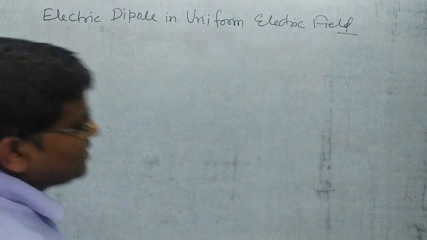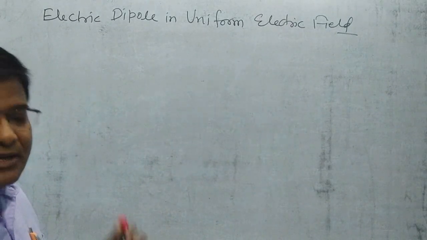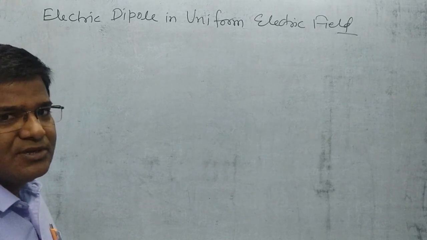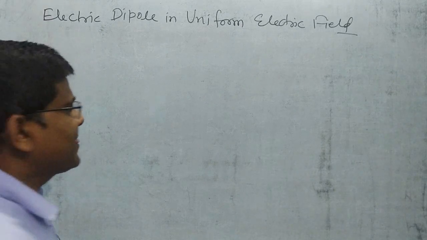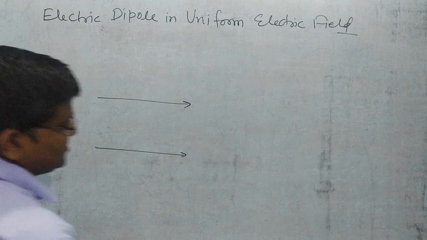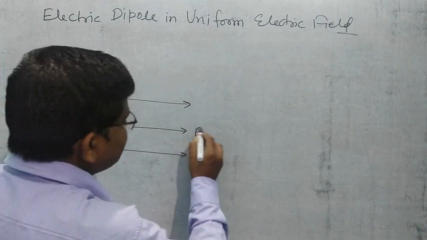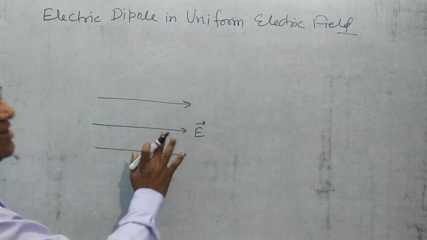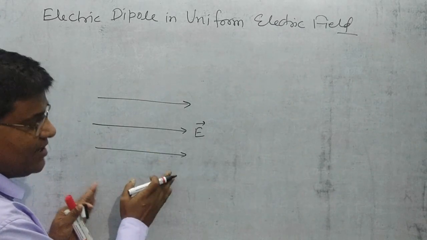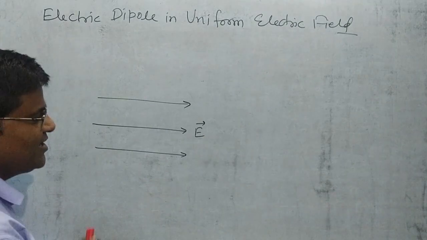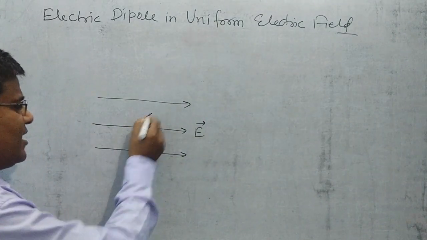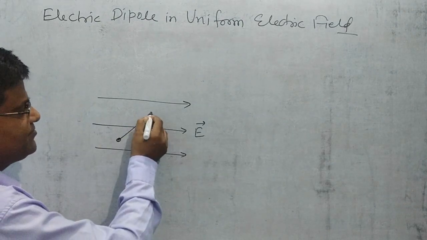Means at a given space or area, the electric field at every point is equal, a constant. Suppose this is a uniform electric field. This is a representation of a uniform electric field, though there is some technical mistake here, but I consider this the uniform electric field and this the electric dipole.